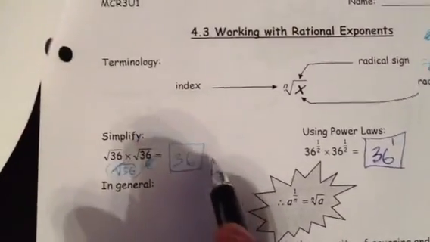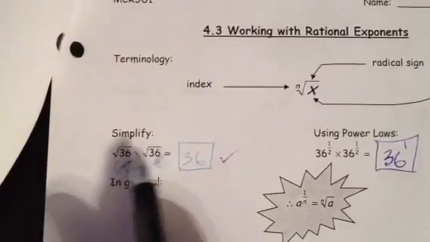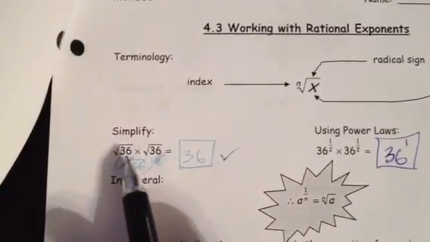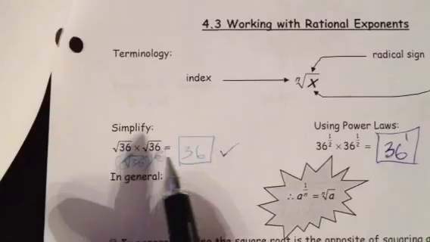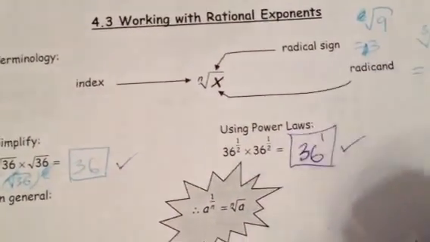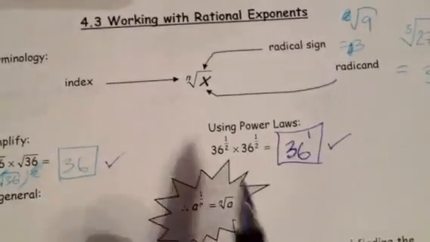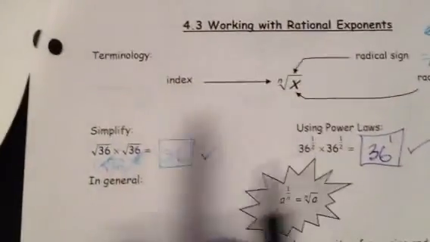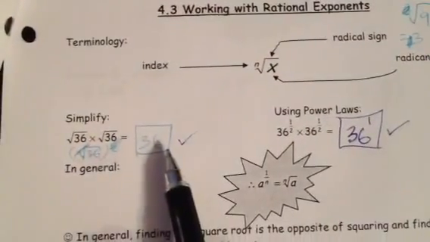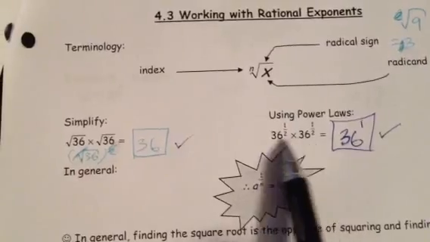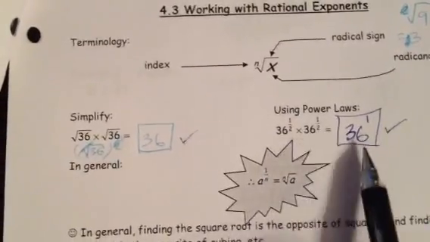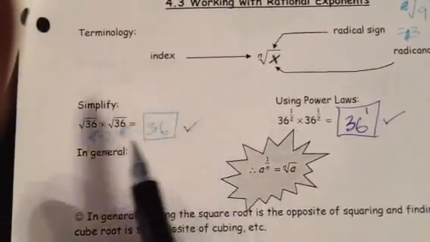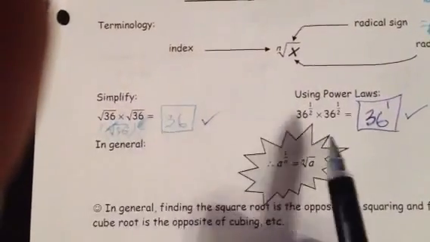Now, it's very funny that when you do this problem here, you get an answer of 36. Notice they're two of the same thing being multiplied together. The base is 36, the number inside. Multiply it together, you get 36. And over here, it's very funny that you also get 36 as the answer, and you're multiplying two things that are the exact same. Well, if you're multiplying two things that are the exact same here, and it equals 36, and you're multiplying two of the same things here, and it equals 36, that means that both of these questions were the exact same.